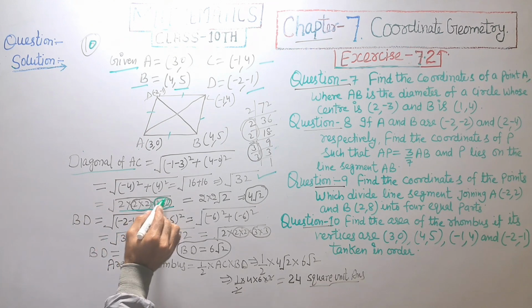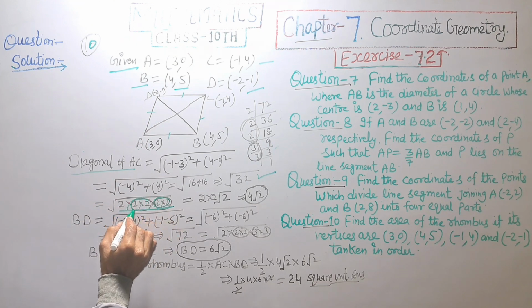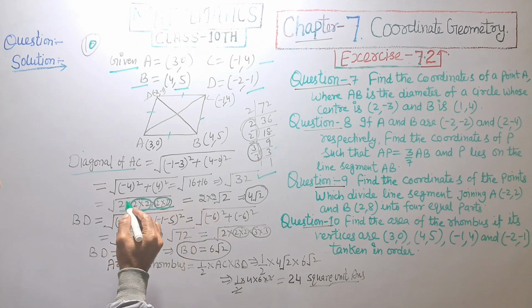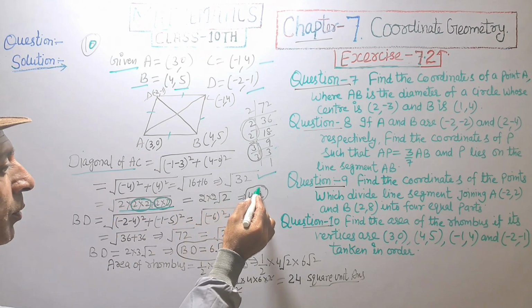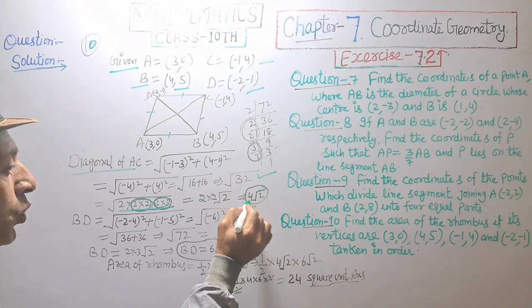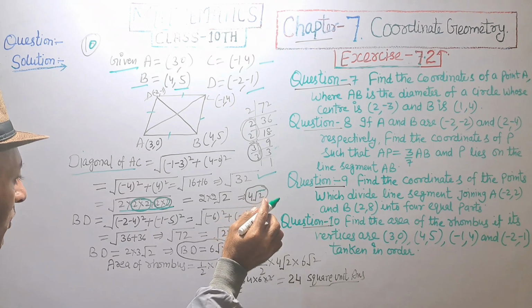One pair of 2 and another pair of 2 are taken common, 2 2s are 4, and root 2 remains.